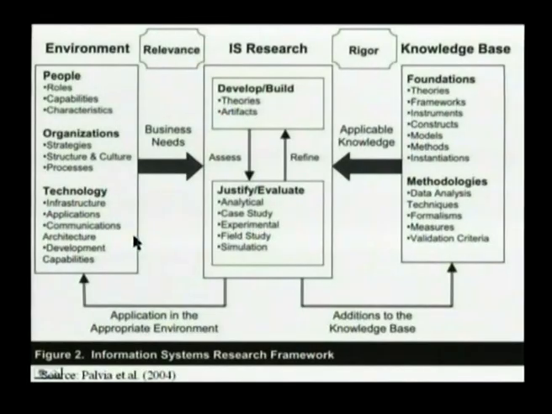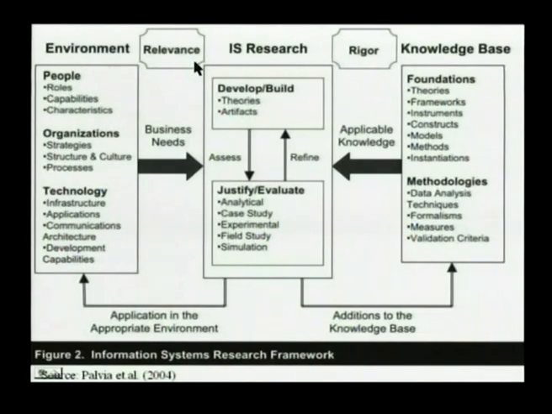This diagram shows information systems research framework. And in this situation, you see there is an environment, IS research factor, and knowledge base. But here, relevance and rigor of research are two important aspects in any research method.